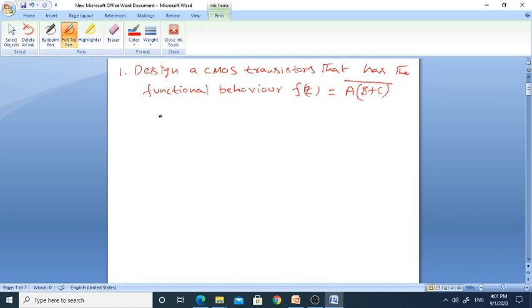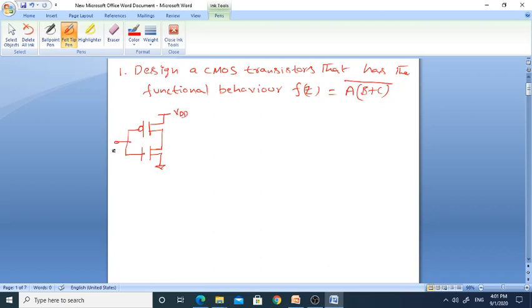Generally the CMOS transistor is like this. For the construction of the CMOS, we require one PMOS and one NMOS. This is PMOS, joined like this. This is connected to the ground. This is called VDD.